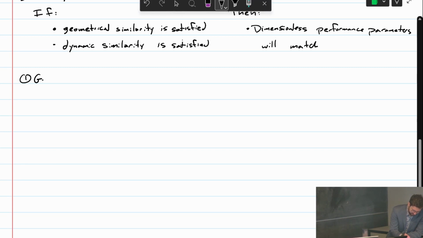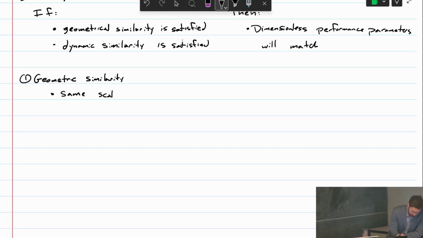So geometric similarity. Same scale in all three dimensions. So it's just a scale model, nothing complicated there. You can't have different scales in different dimensions or else you'll violate geometric similarity.